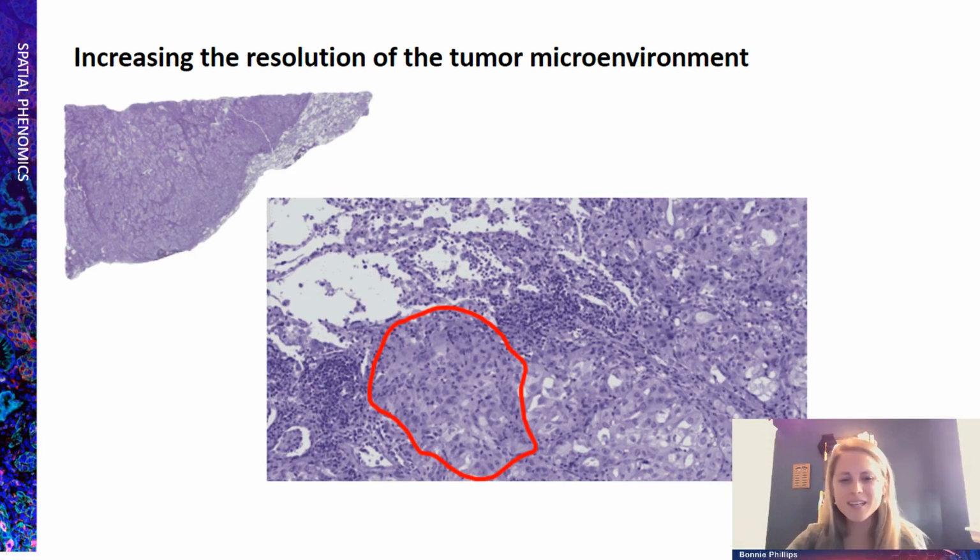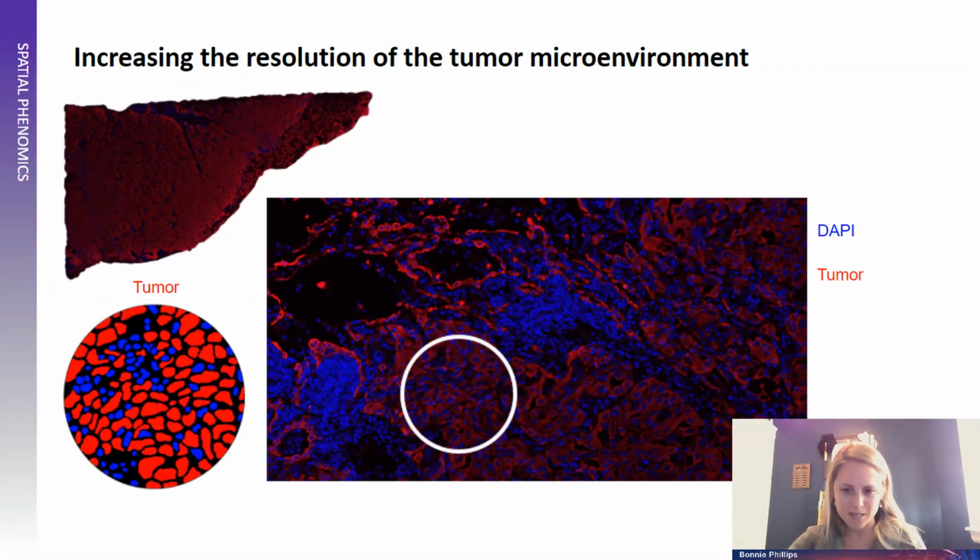So a second example of how we can incorporate H&E technology with multiplex immunofluorescence technology is here we can incorporate the H&E where we can perform the pathologist annotations, and then from there we can progress to phenotyping with the fluorescent image.